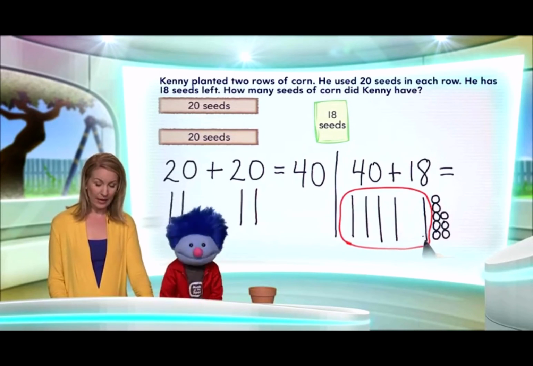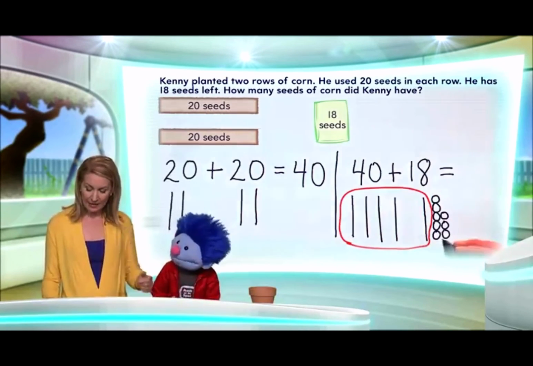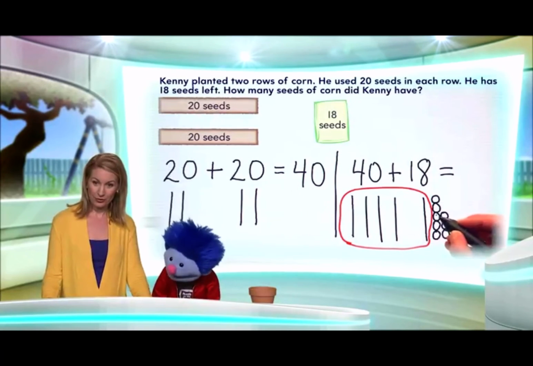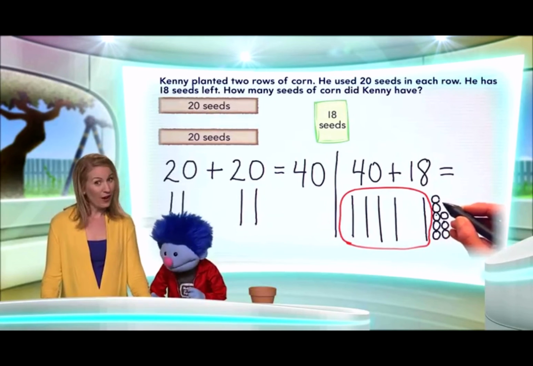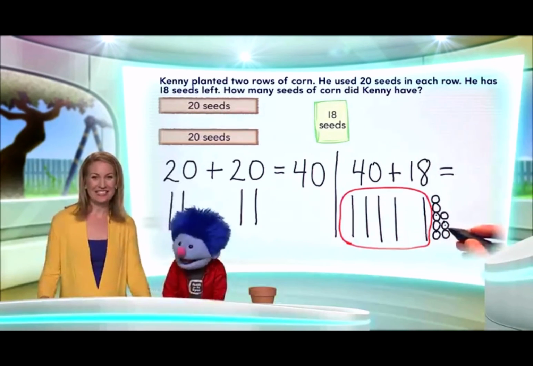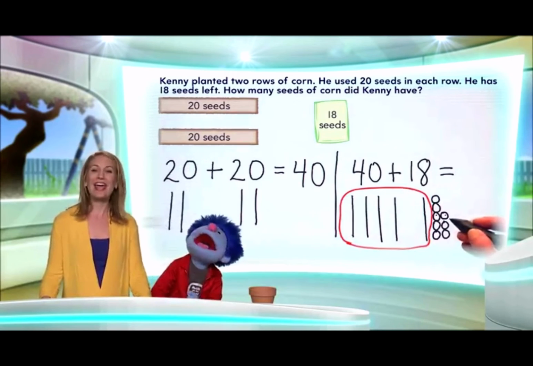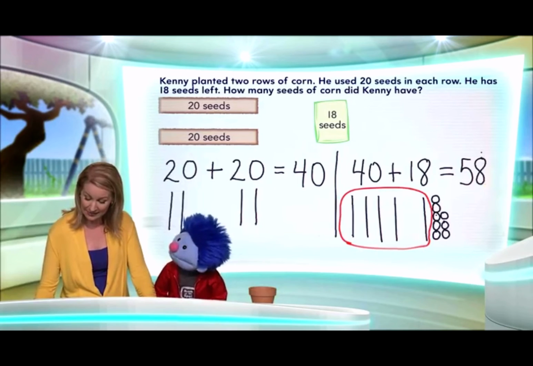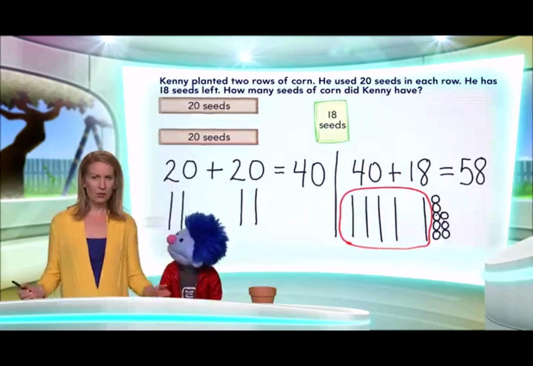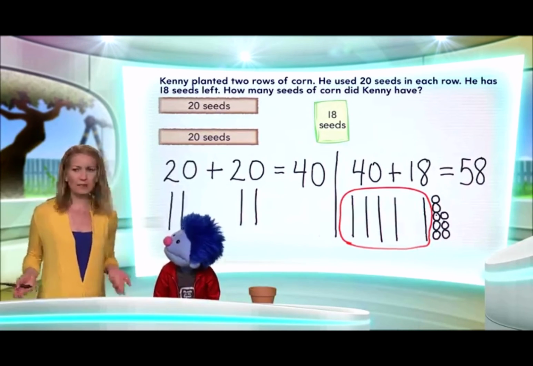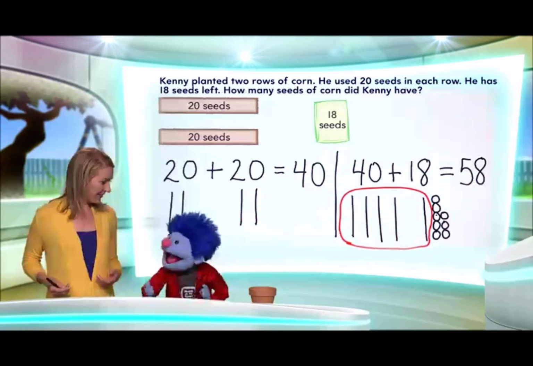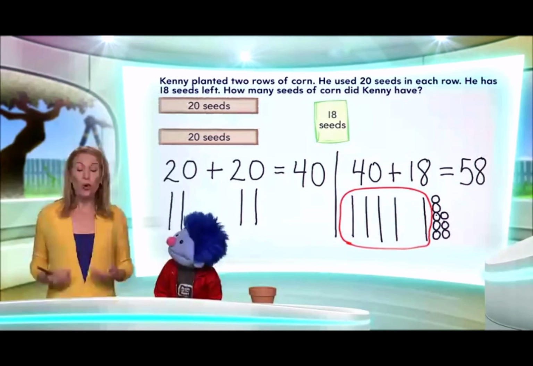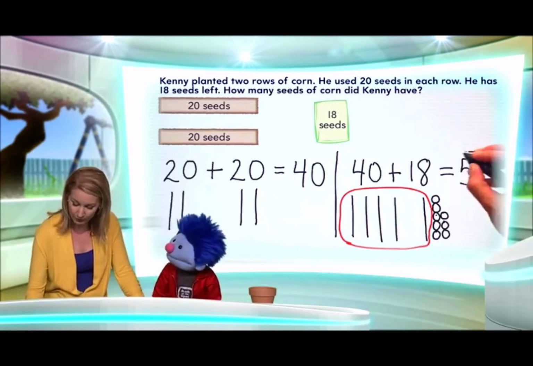Just remember 50, and then we'll count. 51, 52, 53, 54, 55, 56, 57, 58. Good job. So 40 plus 18 is 58. So what does 58 mean? That is how many seeds Kenny had. That's right. That's the number of corn seeds that Kenny began with before he started planting.